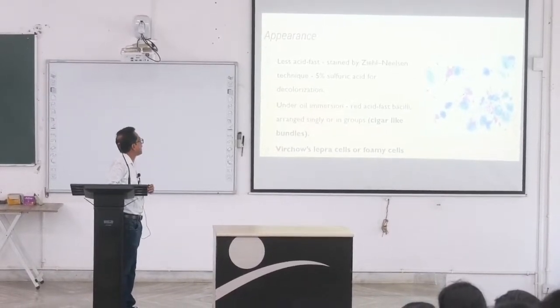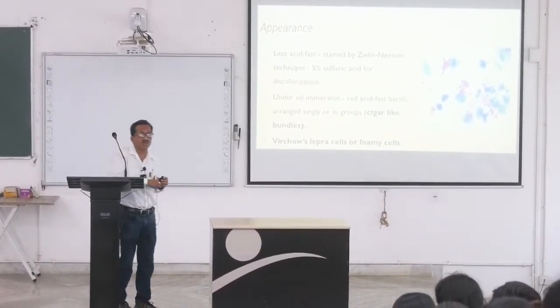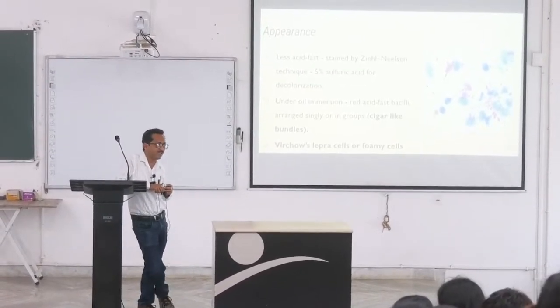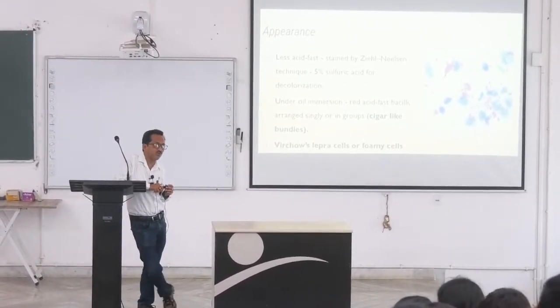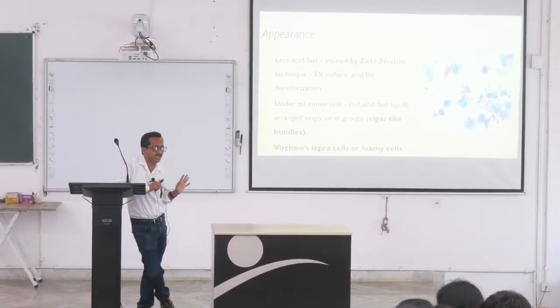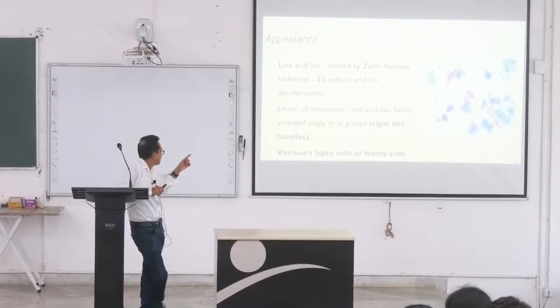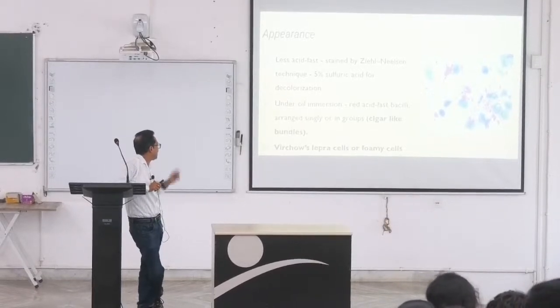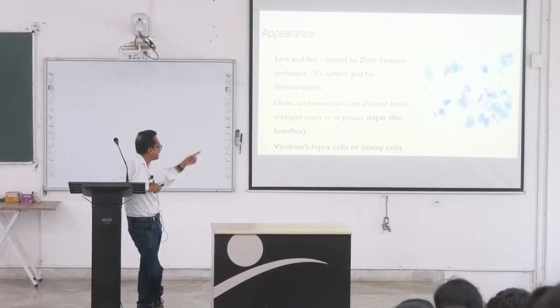And there is another pattern. In tuberculosis, it was a slender and beaded pattern, where the staining is not uniform, but there is no beaded pattern in leprosy. In leprosy, there are red seagull-like bundles, arranged singly.